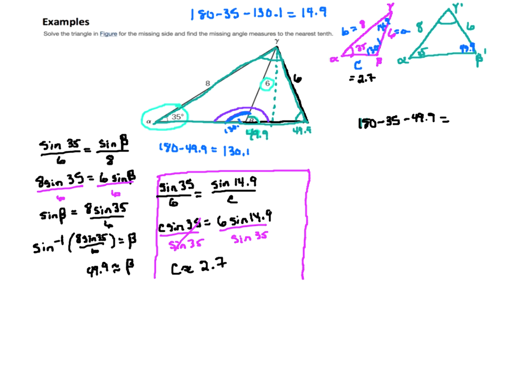That gives me angle gamma prime as being 95.1 degrees. So all I need now is side C, and we know how to do that. We use the law of sines.